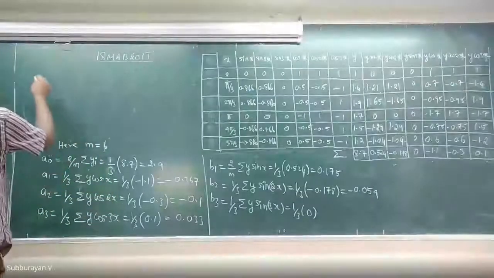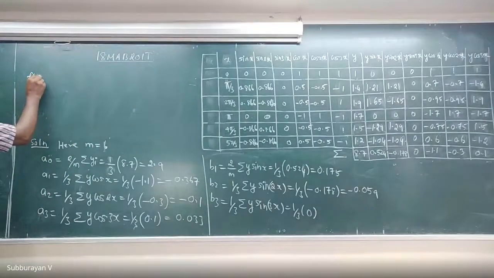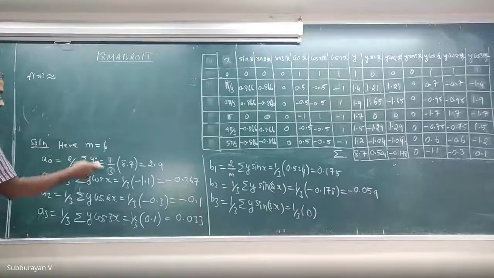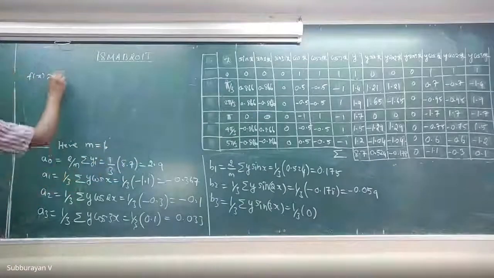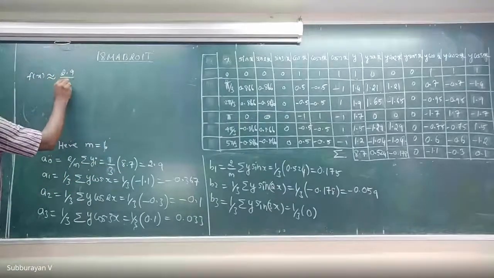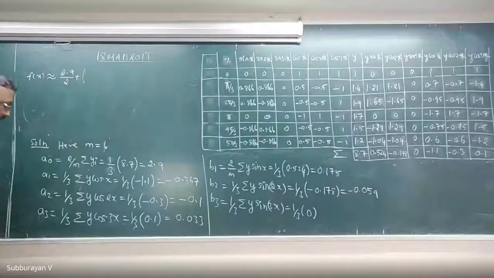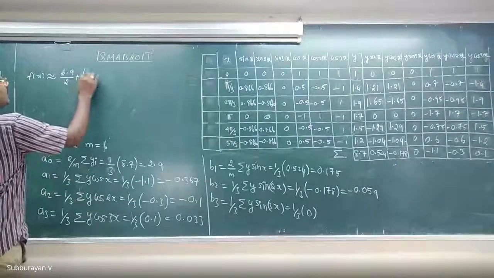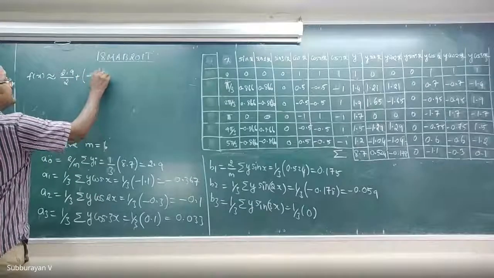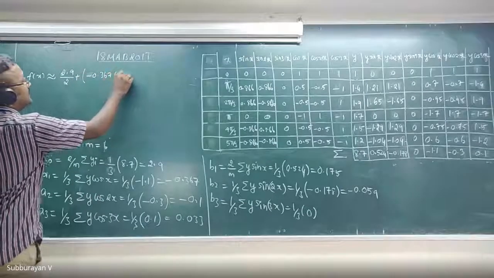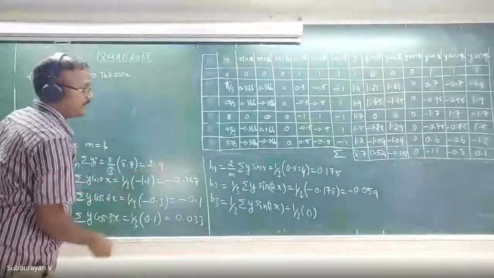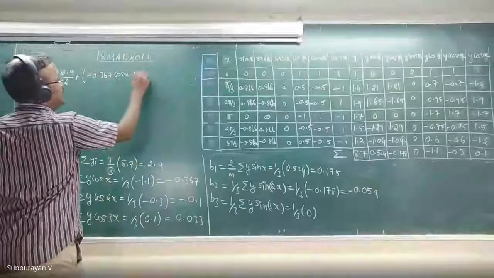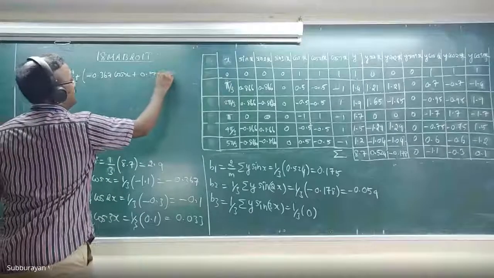That is, my f of x is approximated as a naught by 2. That is, a naught is 2.9 divided by 2, plus, what is a1? A1 is minus 0.367 cos x plus b1 is 0.175 sin x.